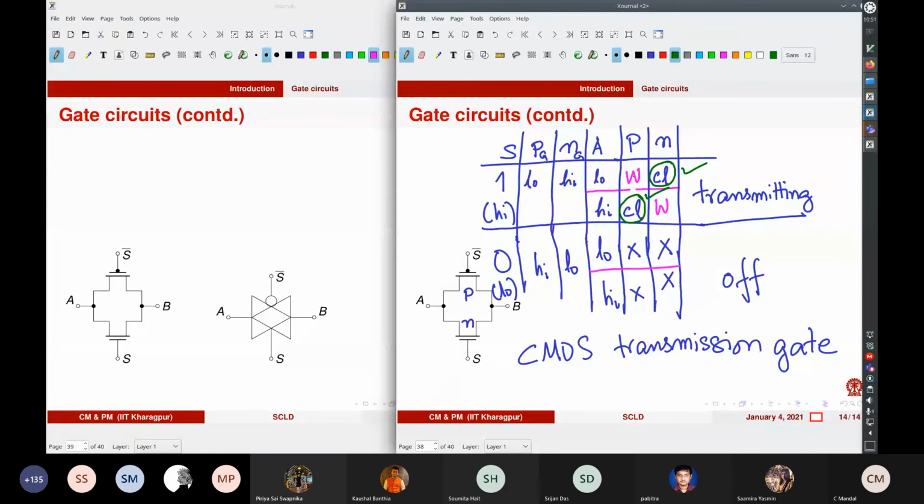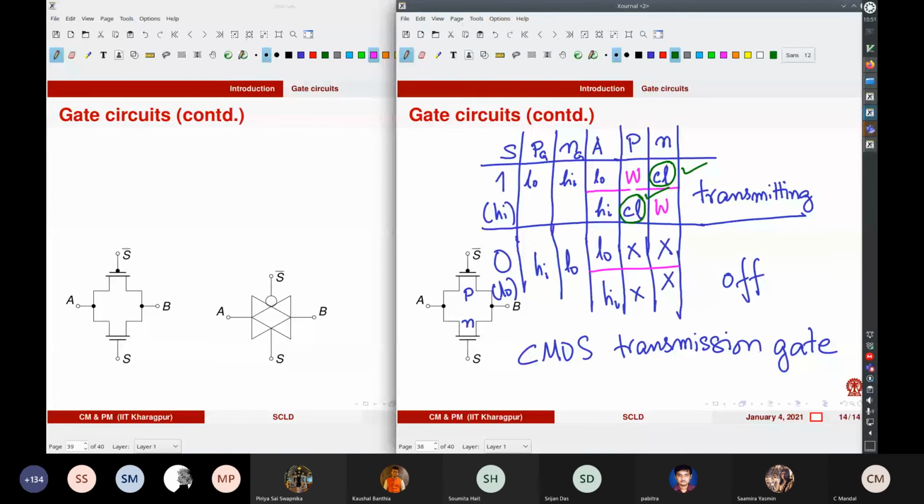So this one doesn't play any useful role. So these circled cases are the cases for which the gate is transmitting.